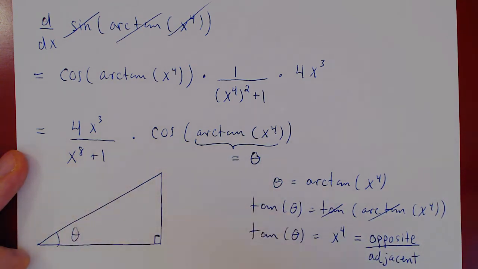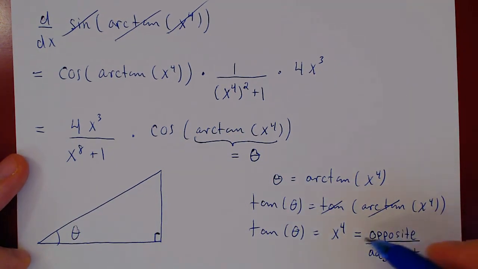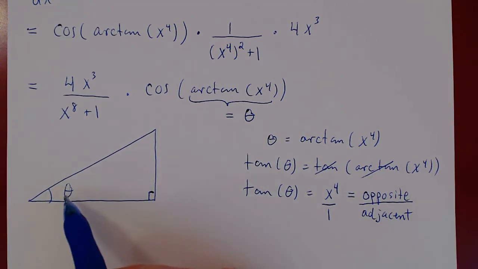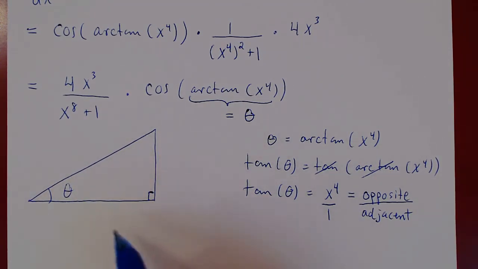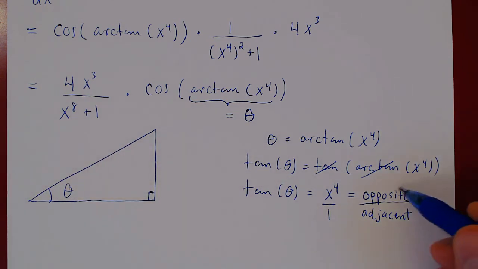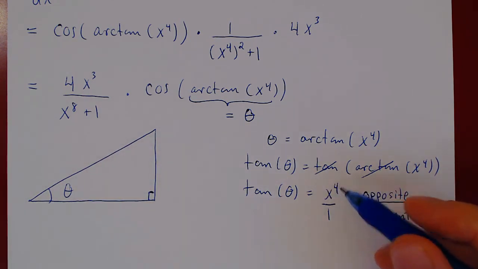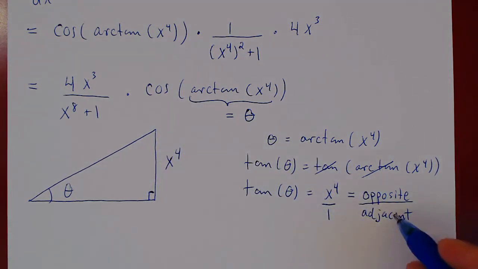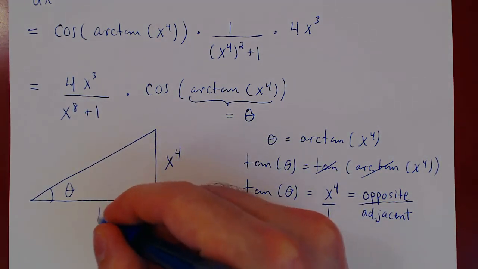Let's write this as a fraction: x to the 4 is just x to the 4 over 1. So tangent of theta is the opposite side over the adjacent. Well, the opposite side we can take to be x to the 4, over the adjacent side, which is 1.